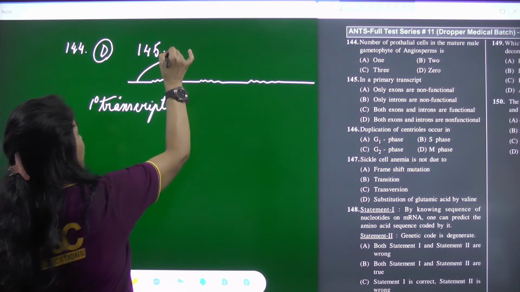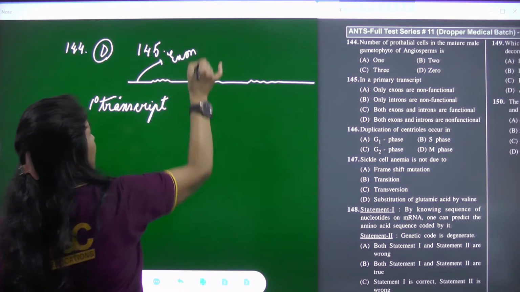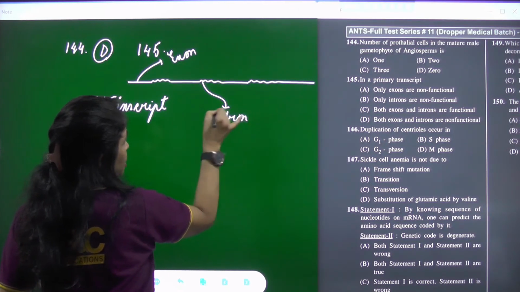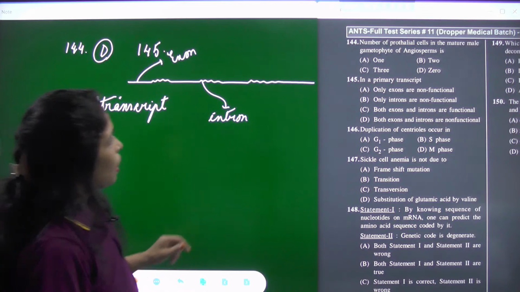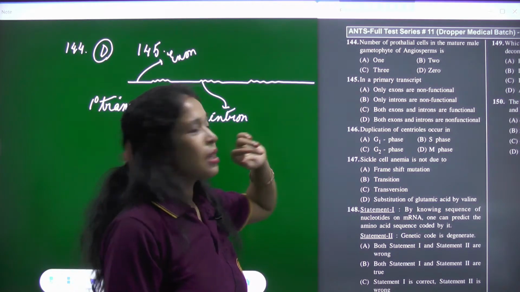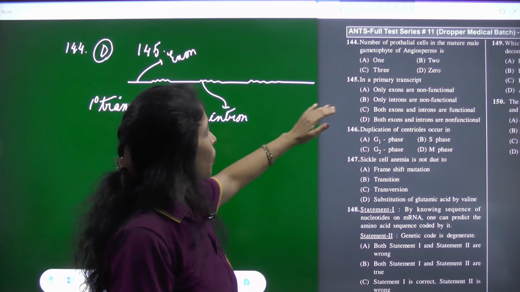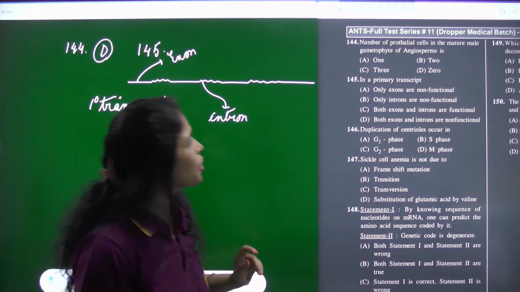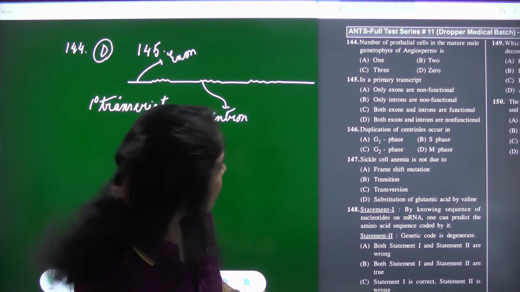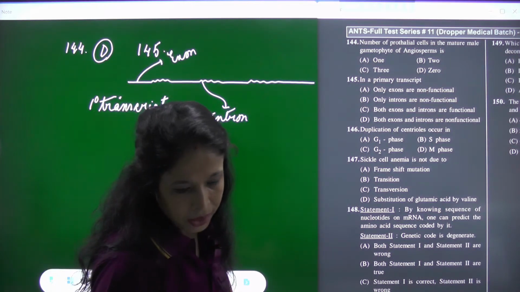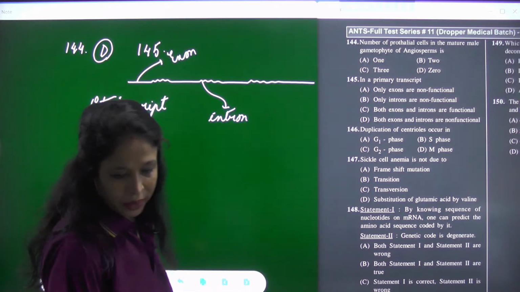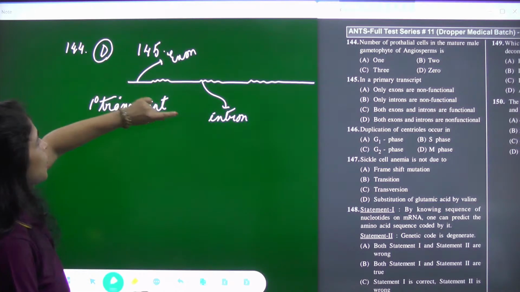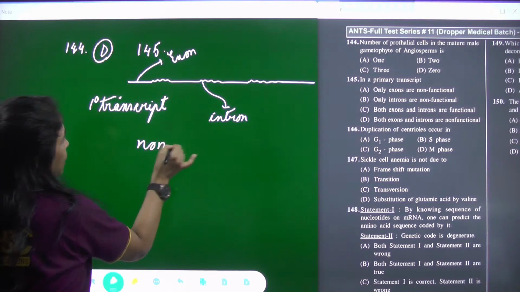The coding sequences we call exons, and the non-coding sequences are introns or junk DNA we can say. So here what is it saying? Only exons are non-functional, no. Only introns are non-functional, both exons and introns are functional, and both exons and introns are non-functional. So what will be the answer for 145? That exons and introns both will be non-functional.